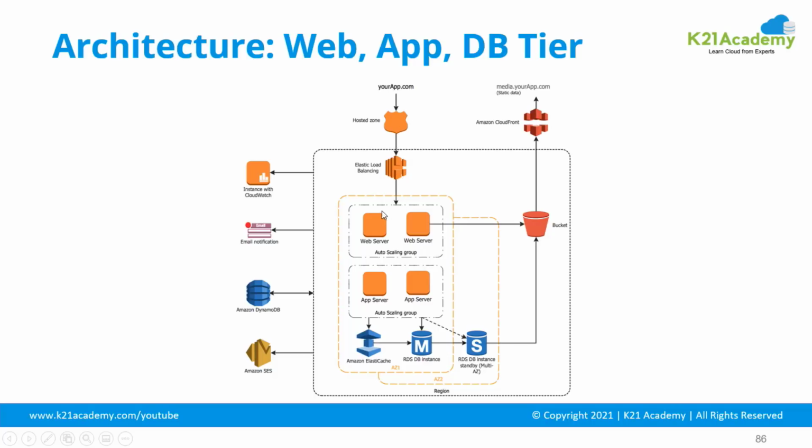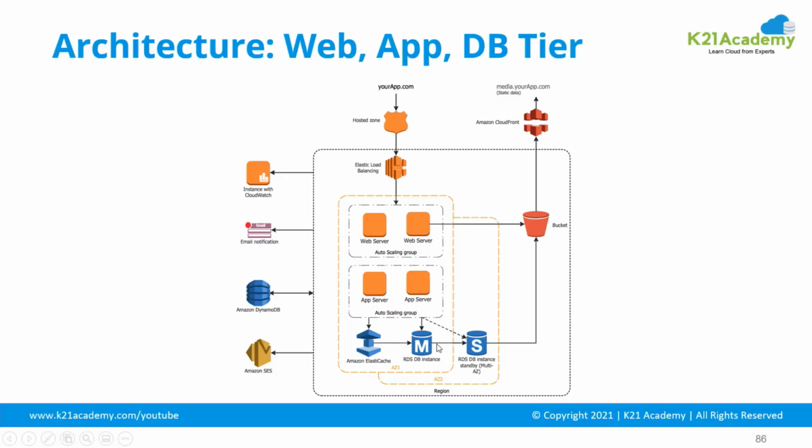The load balancer will in turn forward it to one of these 2 web servers. That web server will forward it to the application server for application logic, and behind the scenes the application logic will connect either to ElastiCache, which we saw is an in-memory database, or a relational database service, or you can have DynamoDB, whatever data store you want. So this is where the application will be accessible.